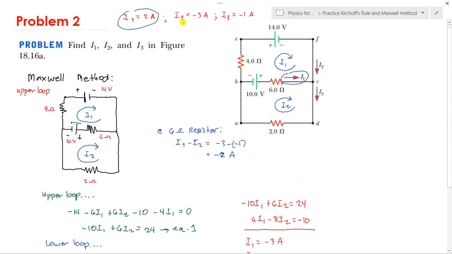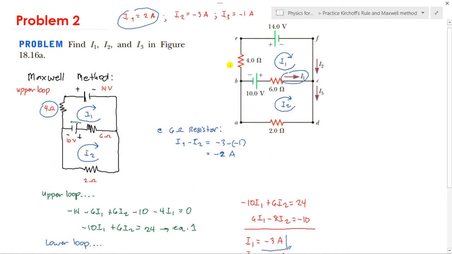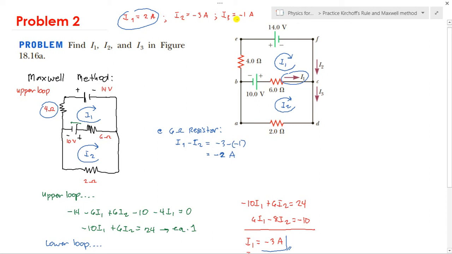Now, I2 is the current that interacts with our resistor 4. What interacts with resistor 4 based on Maxwell is I1, so that's why we have I1 of negative 3. Here, I3 from Kirchhoff is negative 1 ampere, and that I3 interacts with the 2 ohm resistor in the lower part.